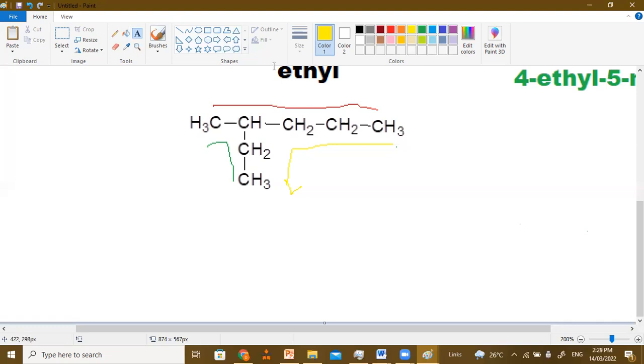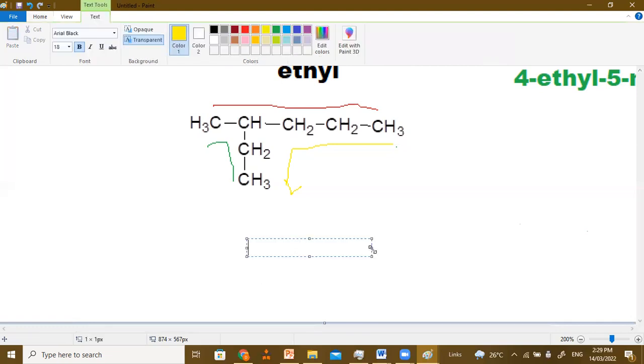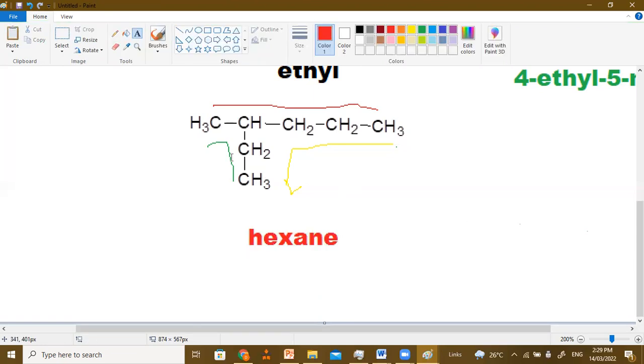Are you following me? So you have hexane. Is the yellow clear? And our substituent, since the yellow one is our parent chain here.